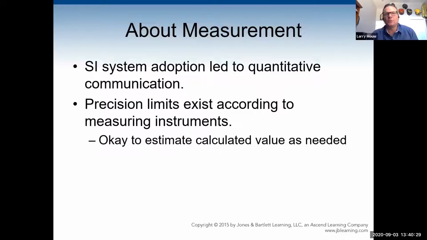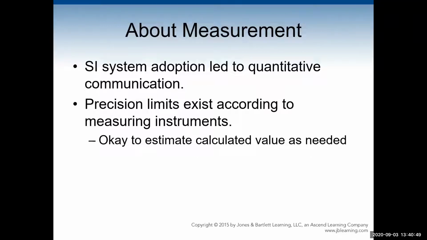There are some times where it's okay to estimate the calculated value. I may say, give me something that's about 24 inches long, or about 1 meter long, whatever the case may be. I'm not necessarily looking for a precise measurement, but an estimate or something fairly close to it. And like I say, this is all going to depend on what we're doing.